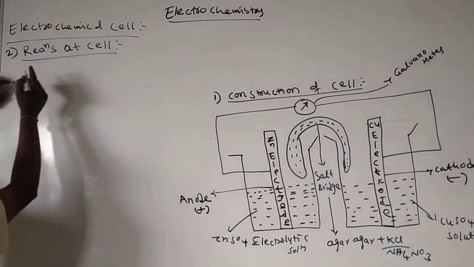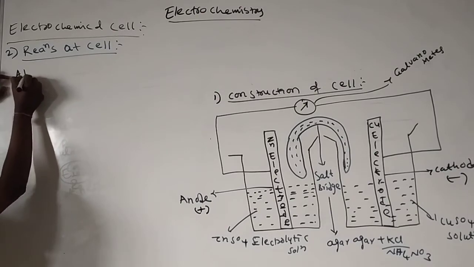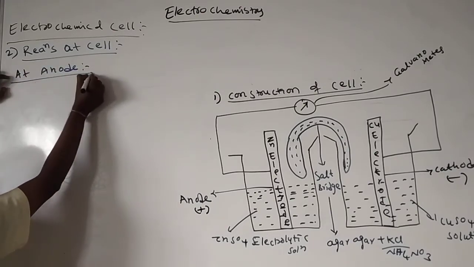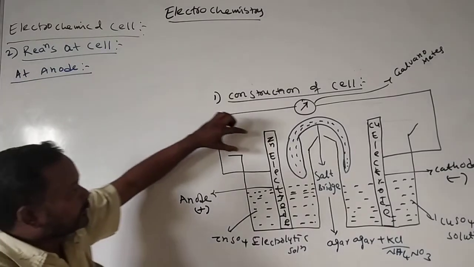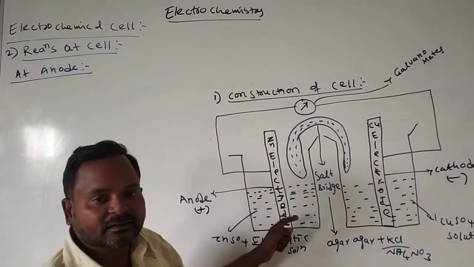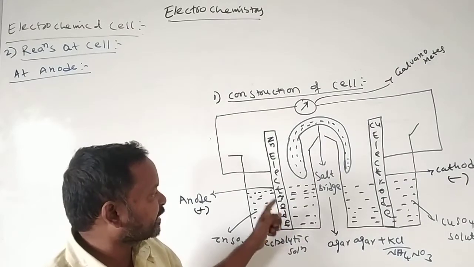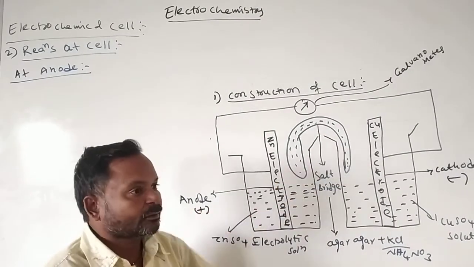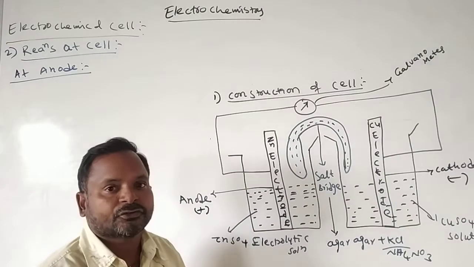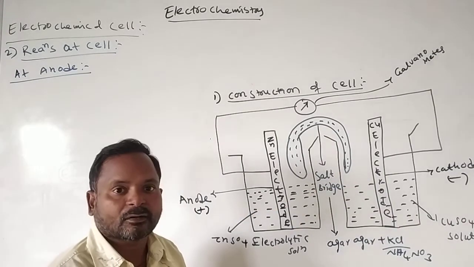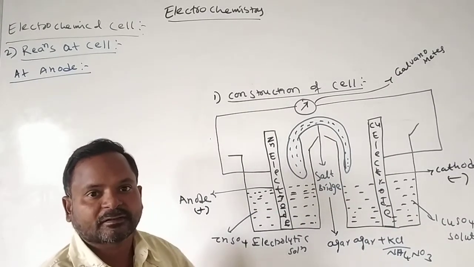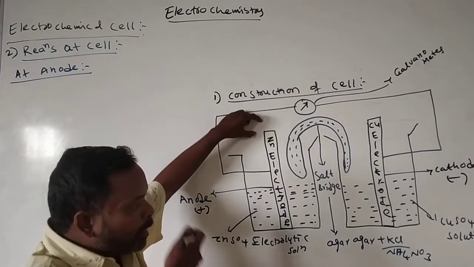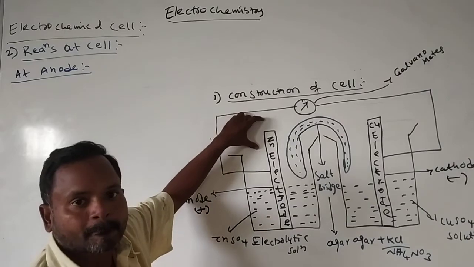See, first at the anode. Here, zinc electrode dipped in zinc sulfate solution. Copper electrode dipped in copper sulfate solution, or cupric sulfate solution. What happens here?